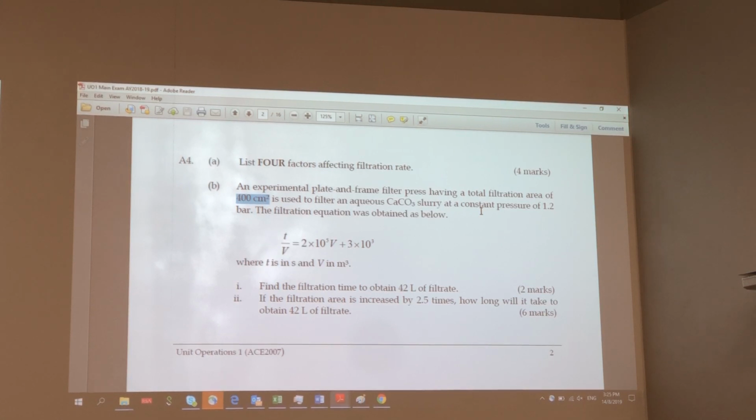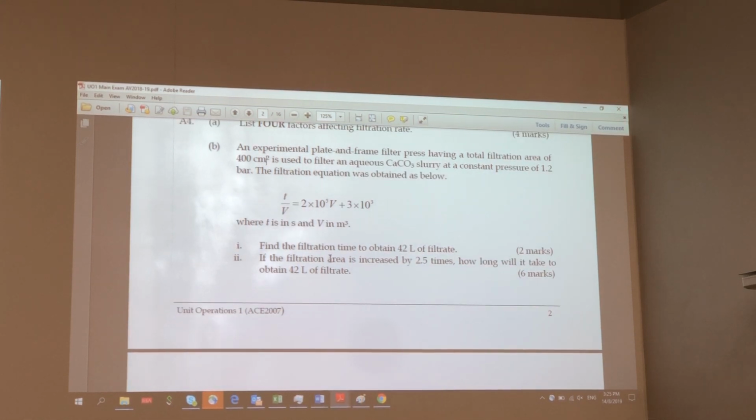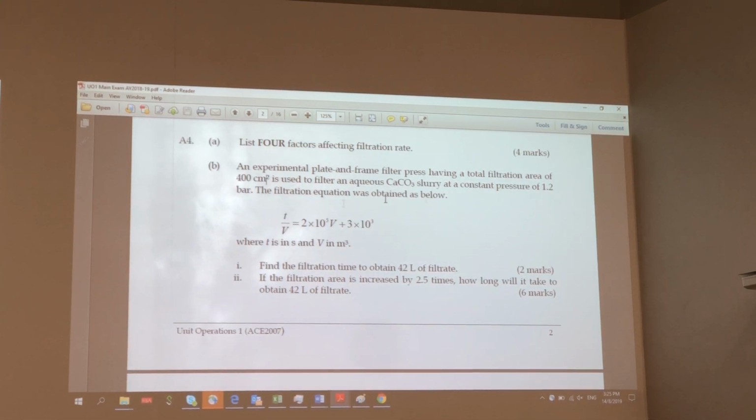Then you have to times 8, right? And also the cm squared, you have to convert to meter squared, yes. And 1.2 bar, you have to convert to Pascal, kilopascal. See later. Okay, so the equation is given already. You need to find the time.